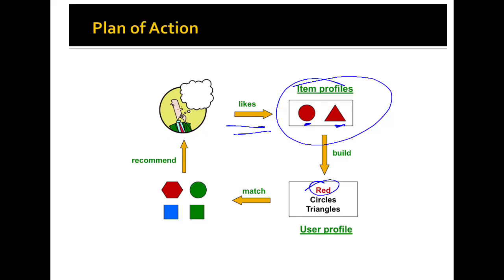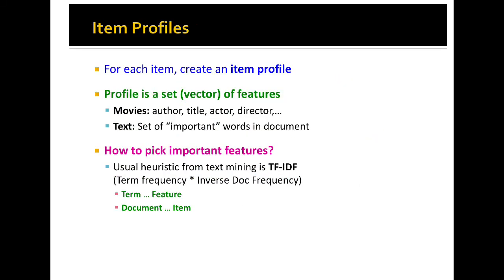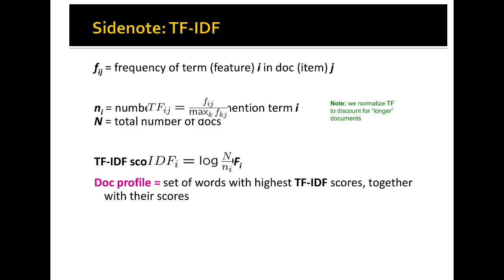So you see that red is common, and then later you can match it with the red pentagon also, right? That's the common profile. So that's the basic idea of the content-based recommendation feature. Yeah, so TF-IDF is one of the methods, and there are other methods also to find the profiles. So this we already talked about.